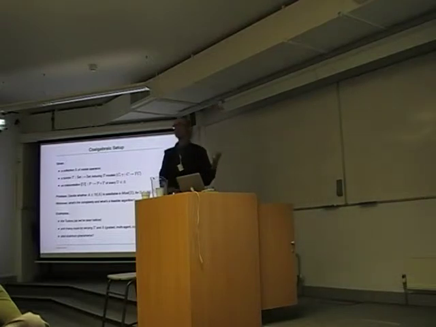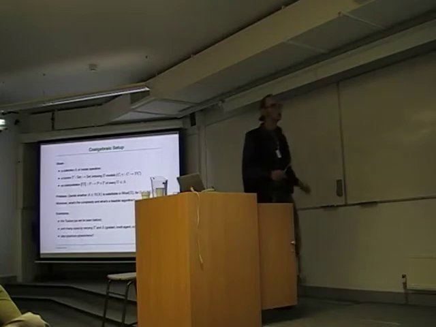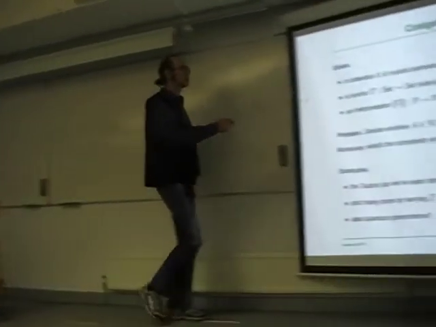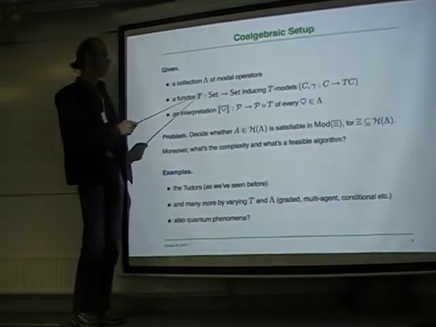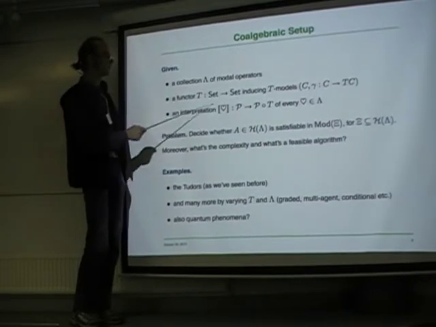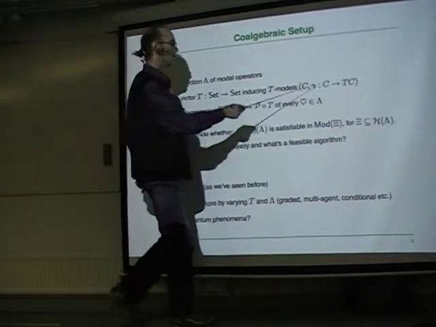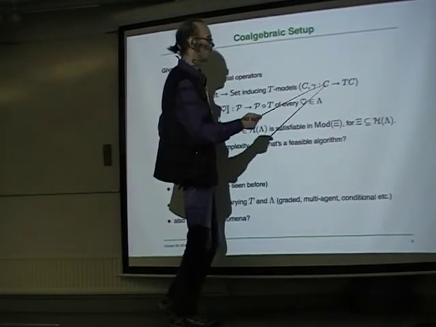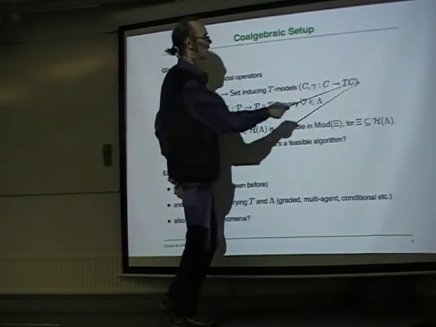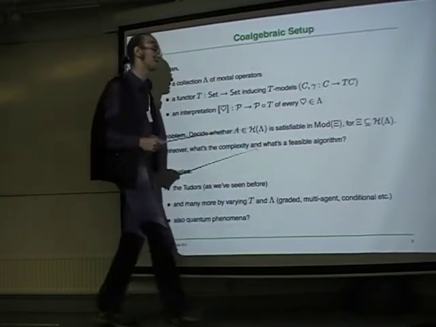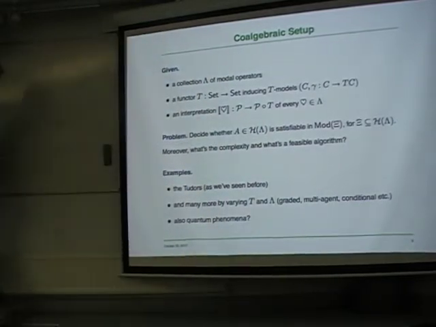So here's the setup. I have a collection of operators. I have a specification, if you like, of the situation I'm interested in, and these are the models that I want to look at. So I have states, and I have structured successors or observations.